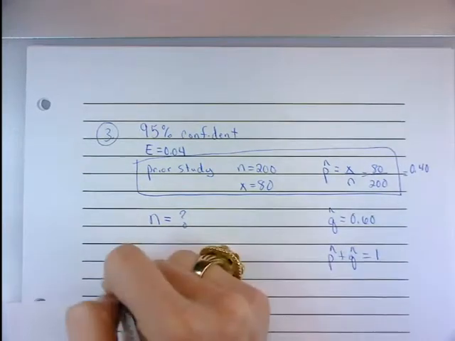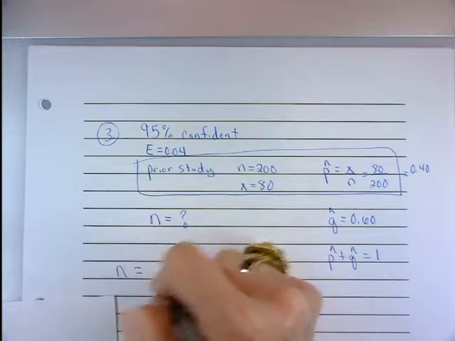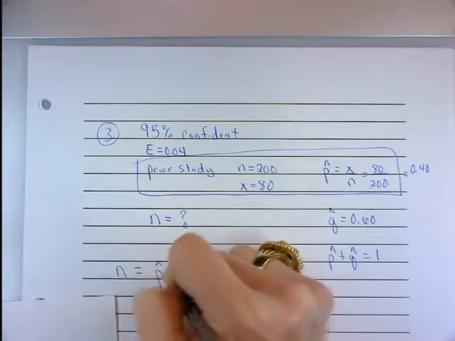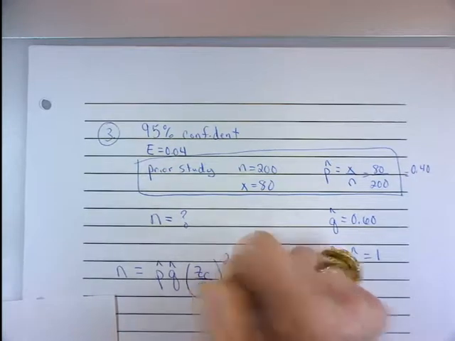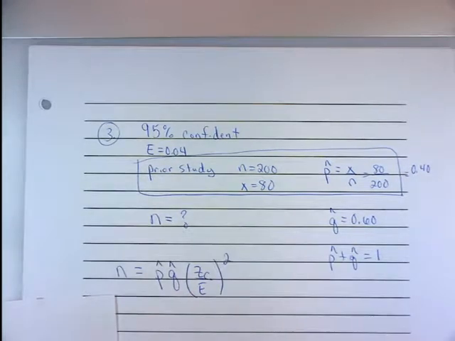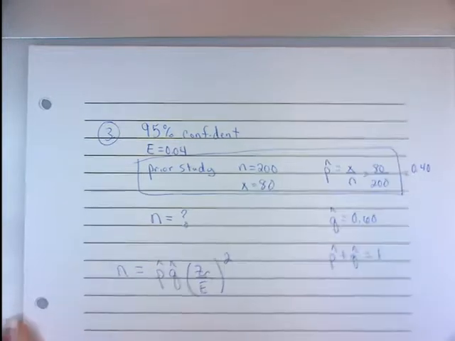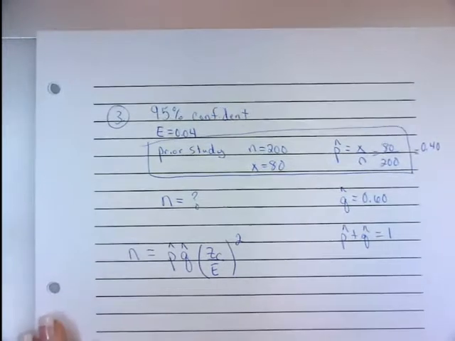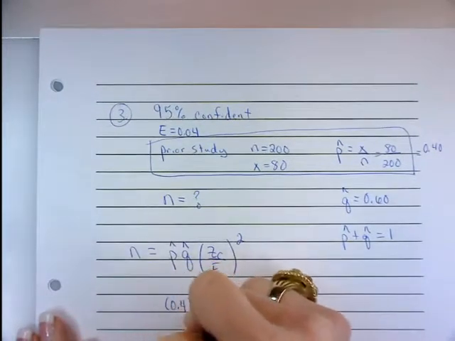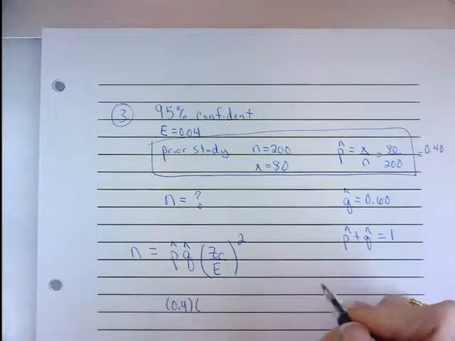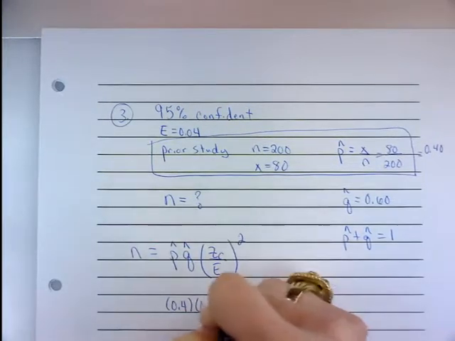Sample size formula. N is equal to p hat times q hat times z over e quantity squared. And this is the sample size formula for proportion. Remember, this p hat and q hat is from a past or recent or previous study. So I'm going to put in p hat is 0.4 from the prior study. 80 out of 200 travel overseas.